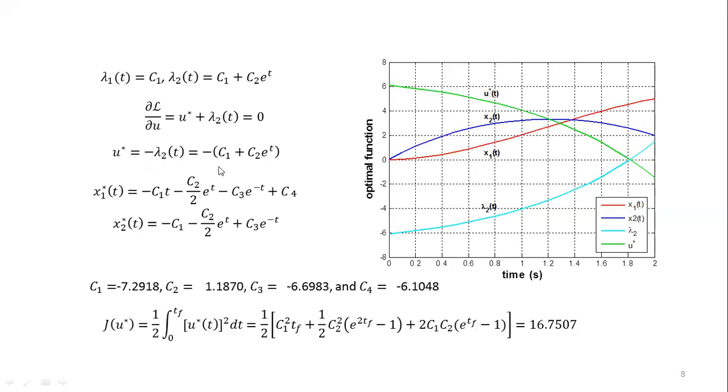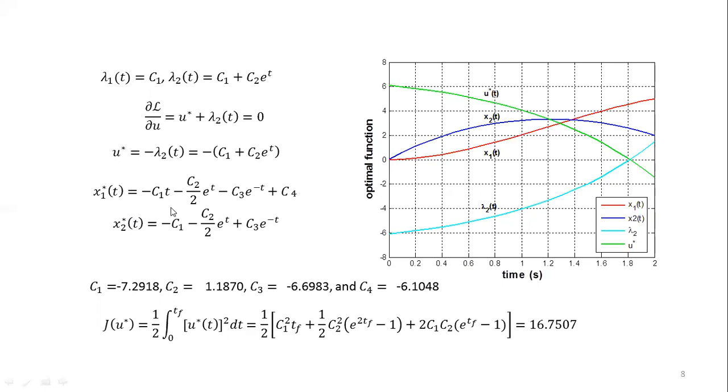So we have found the optimal function U, which is U star, and we need to determine the constants. So if you put this U star in the state equations, you can find x1 star, x2 star. So now we have all the functions required for extremizing our functional.